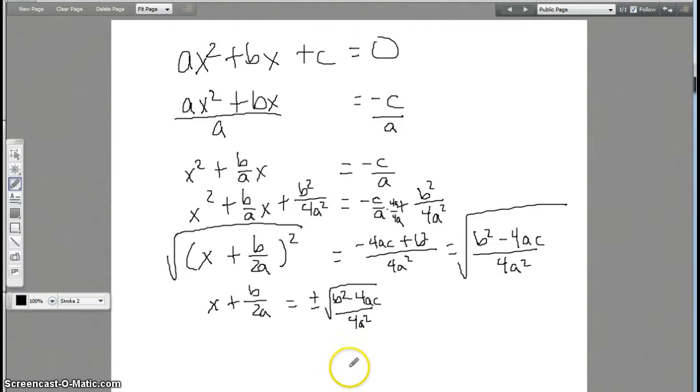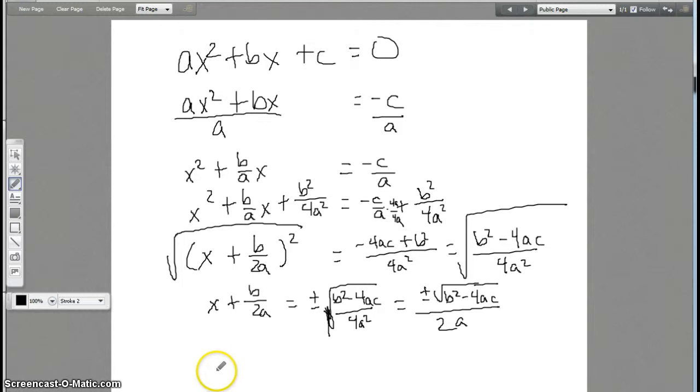But 4a squared is a square, so I can pull it out of the square root and write plus or minus the square root of b squared minus 4ac, and this is over 2a, because the square root of 4 is 2, and the square root of a squared is a.